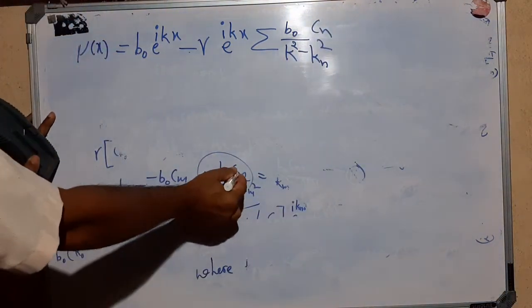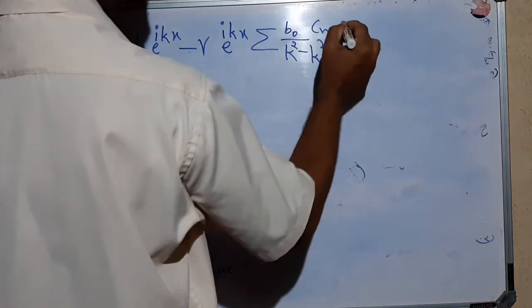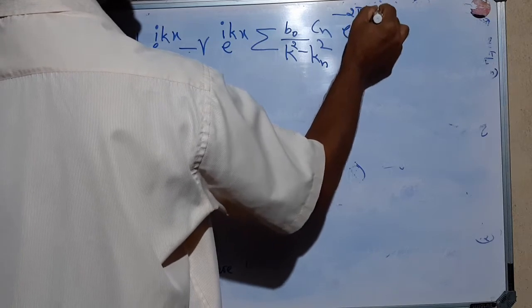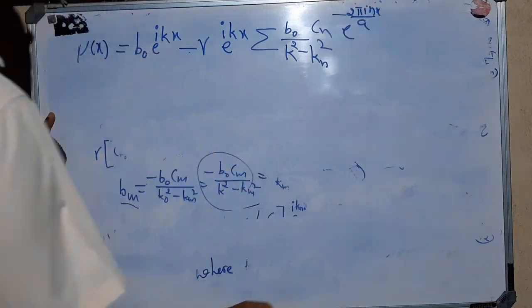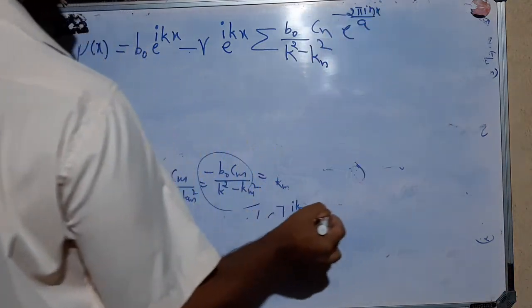In the place of cm, you have to write cn. So, cn into e to the power, in the expression you have minus 2 pi inx by a, right? So, this is after substitution.